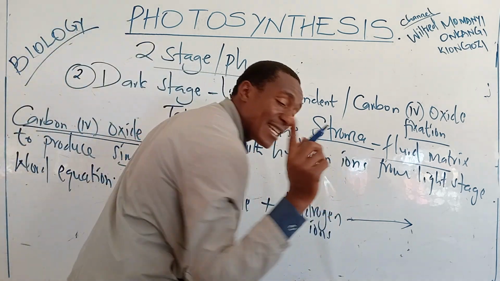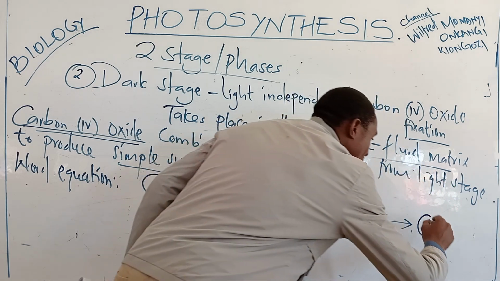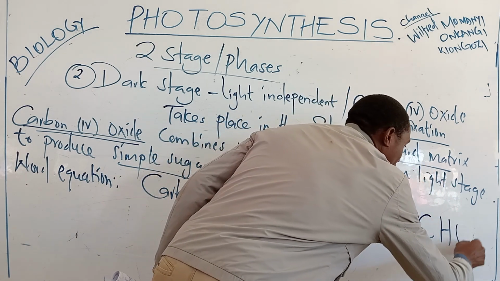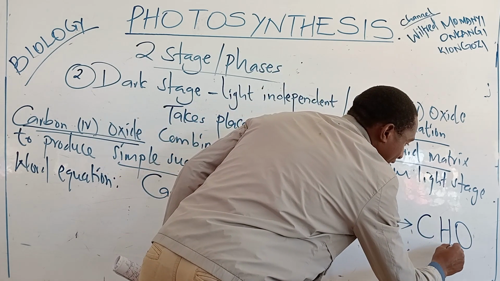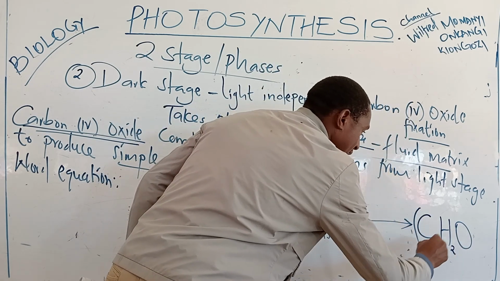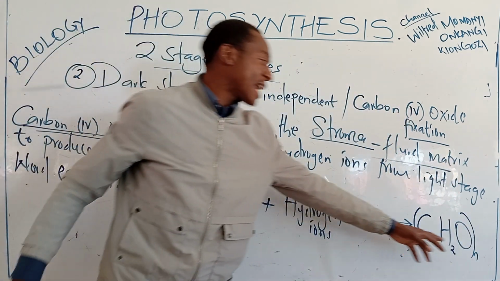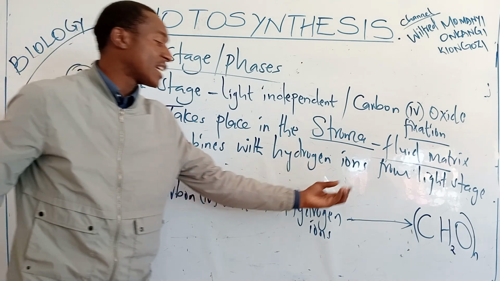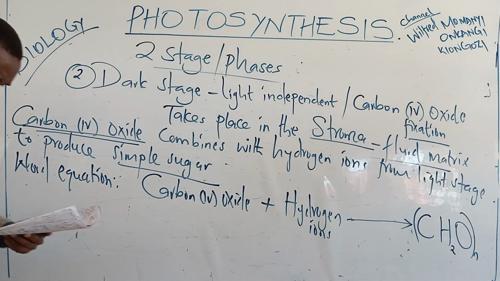Because the kind of food substance formed here depends on the way the reaction takes place, we can write a general equation for the simple foods. We say carbohydrates: carbon, hydrogen, and oxygen. In this case, remember, the ratio of hydrogen to the others is 2, so we put the brackets here and put a small n there, meaning the number of carbon atoms will determine the type of food that is produced. So we have our general equation there.